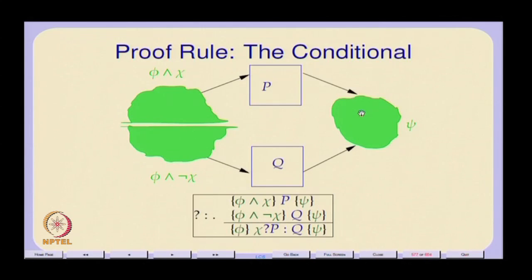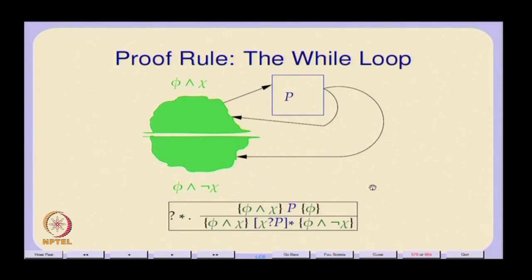So the conditional allows a branching: it partitions the input into two subsets. Okay.